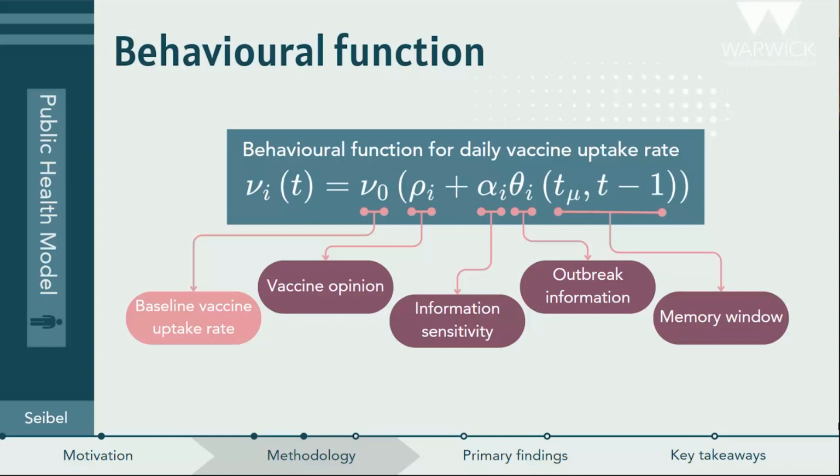Then information sensitivity impacts this theta value, which is our outbreak information. This will end up being a ratio between 0 and 1. I'll go into those calculations later, but the alpha of some information sensitivity gives us some idea of how sensitive people are to the information that they have.